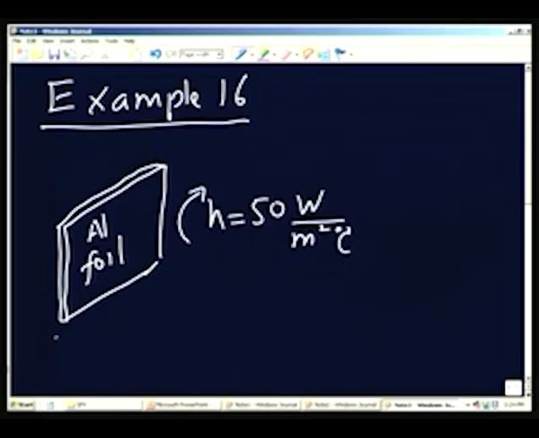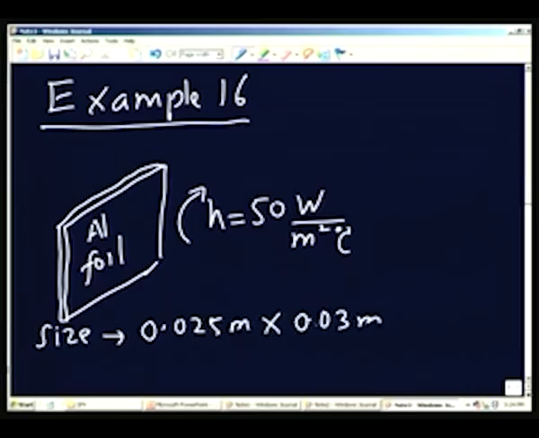The size of the foil is given by 0.025 meters multiplied by 0.03 meter multiplied by the thickness, which is 0.405 meter.